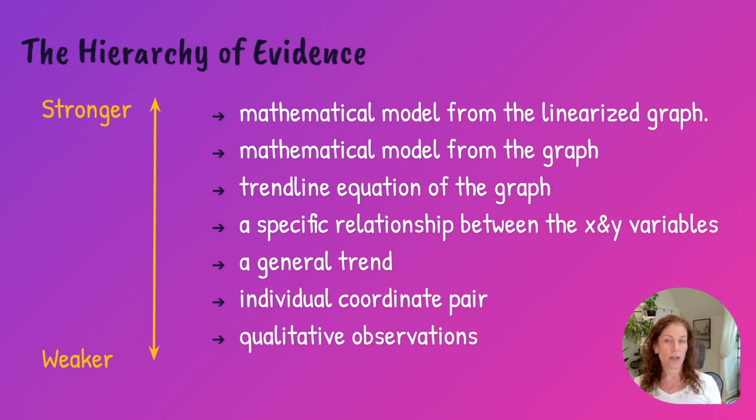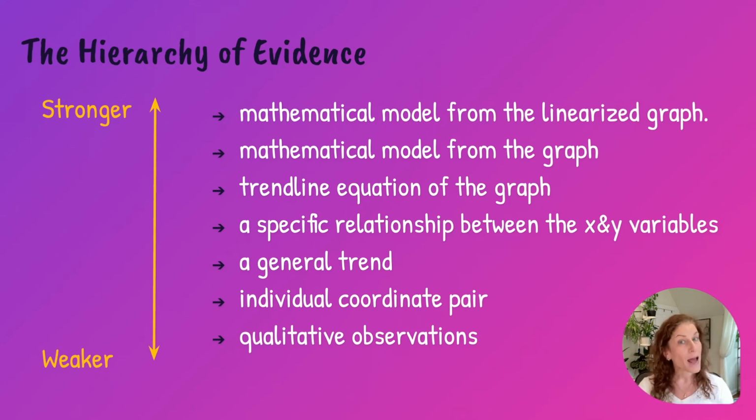We have this hierarchy of evidence, and I've also talked about this in context of lab, where there's stronger evidence and then there's weaker evidence. When we are looking for strong evidence, generally we're looking at the mathematical model. Weaker evidence are qualitative observations, coordinate pairs, things like that. That doesn't mean they're wrong.